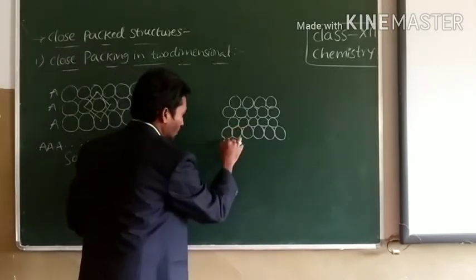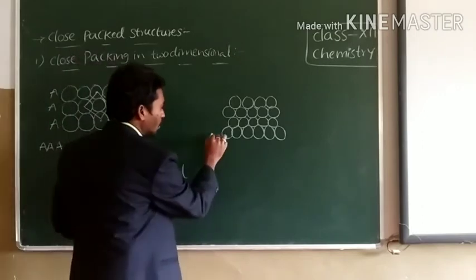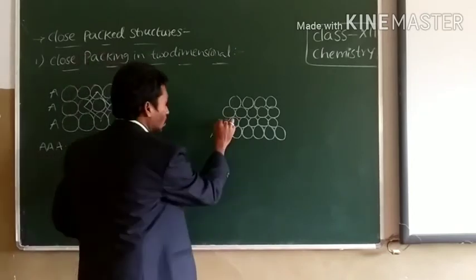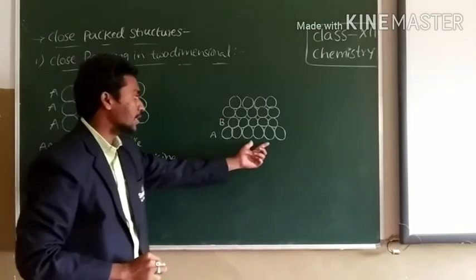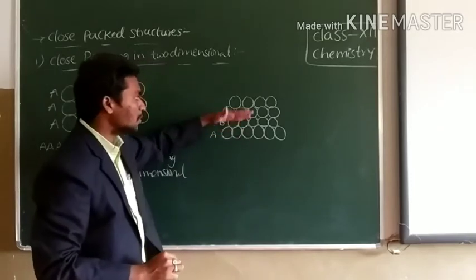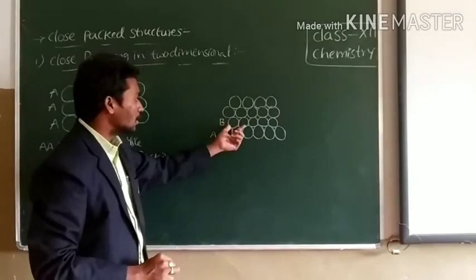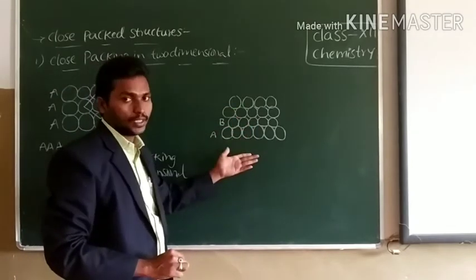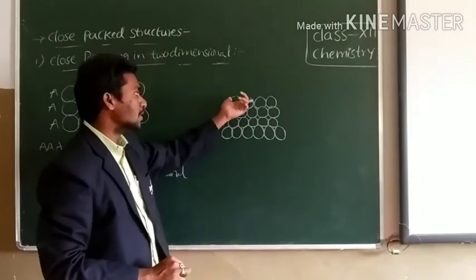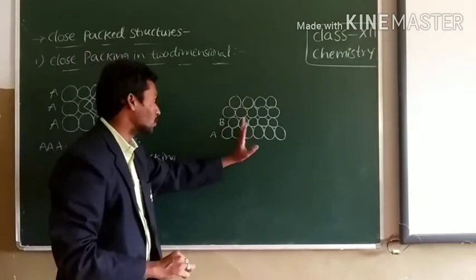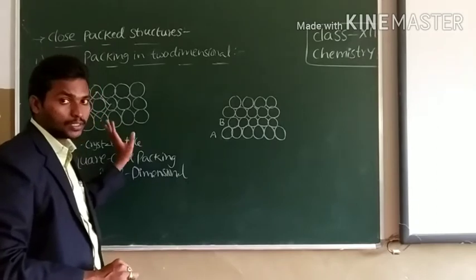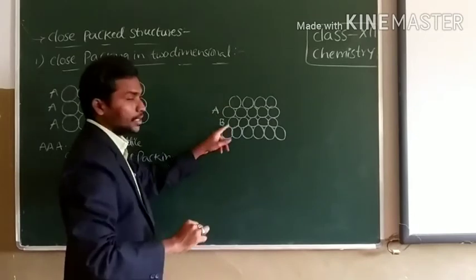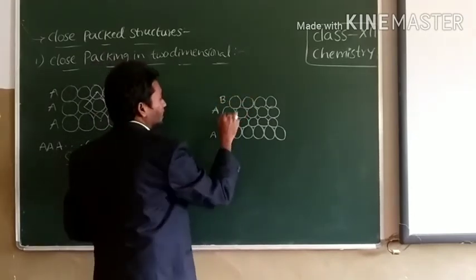Here, this is called row A and this is called row B, or this is layer A and this is layer B, because the arrangement is different here. The spheres which are present in the second layer are placed on the depressions of the first layer. That's why the arrangement is different compared to the first structure. This is layer A, and this is layer B.